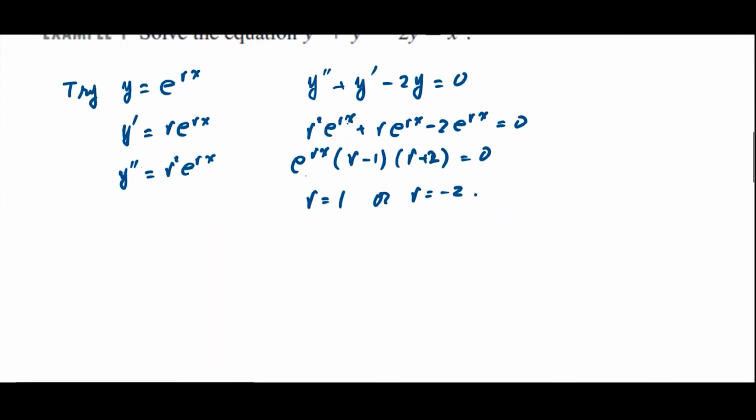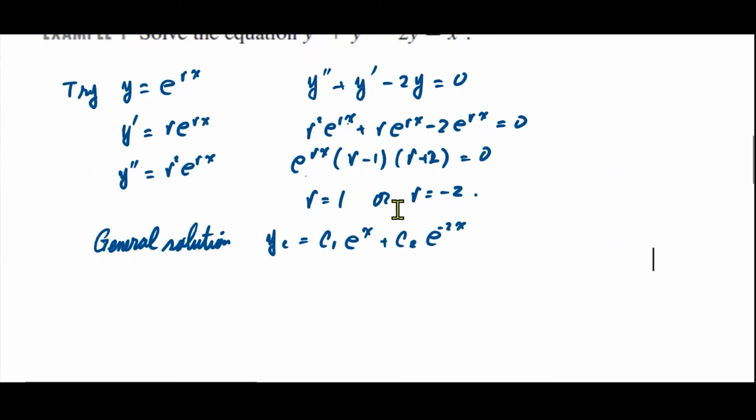Okay, so what we have is what we call the general solution, and for some reason they use subscript c, so I'll just go with c. Complementary solution, whatever. It was c1 e to the x plus c2 e to the negative 2x. It was the combination of the two, now wasn't it?